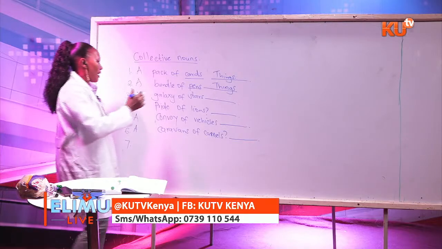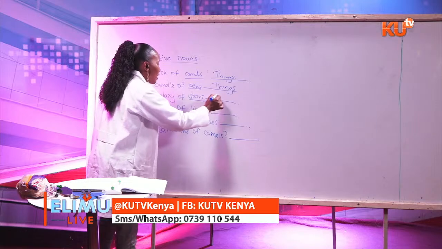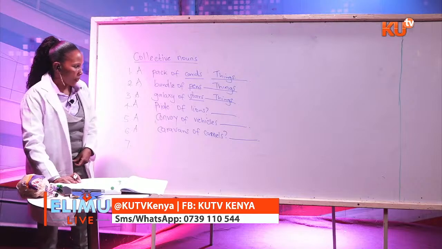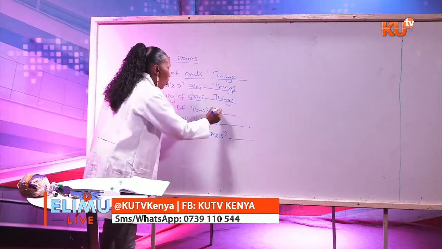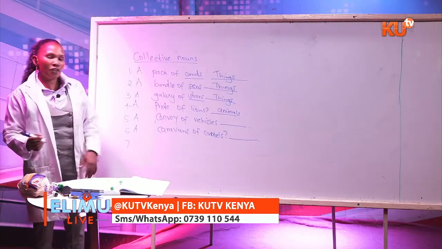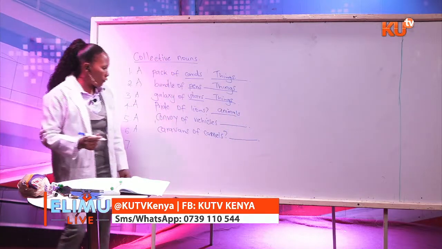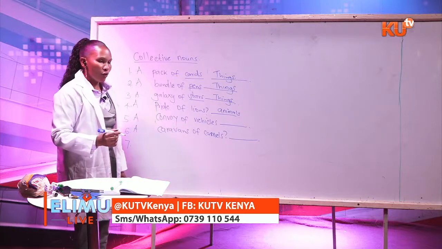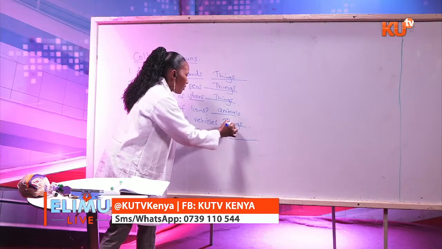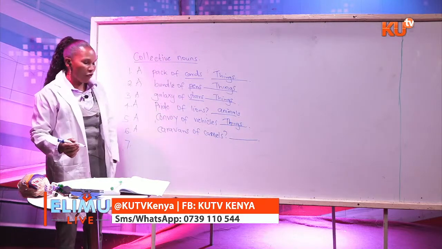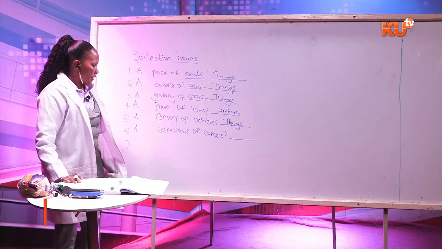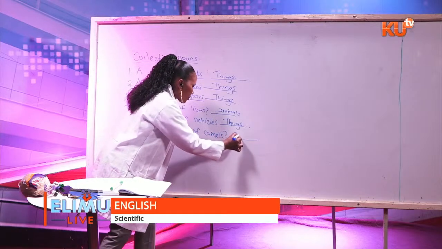Stars are also things. A pride of lions. These are animals. A convoy of vehicles. These are things. We have a caravan of camels. These are animals.